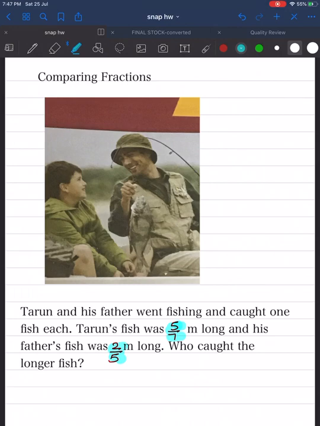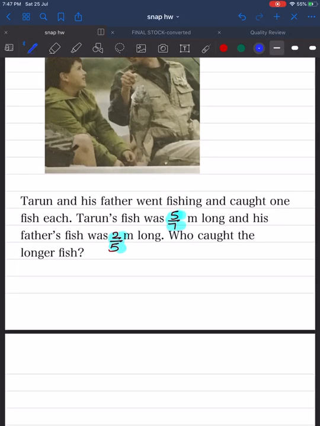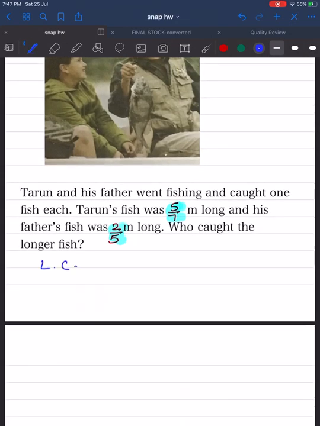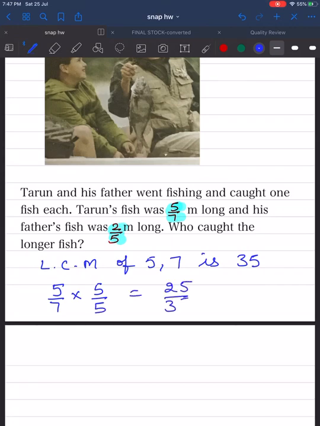Now children, in order to compare the two fishes, we have to make denominator same. So let's find out the least common multiple of the denominators, that is of 5 and 7. So it is 35. So 5 on 7 will get multiplied by 5 on 5 and we get 25 on 35.